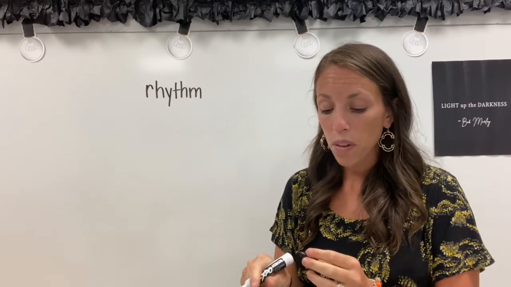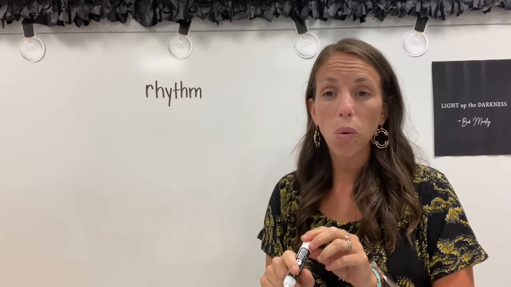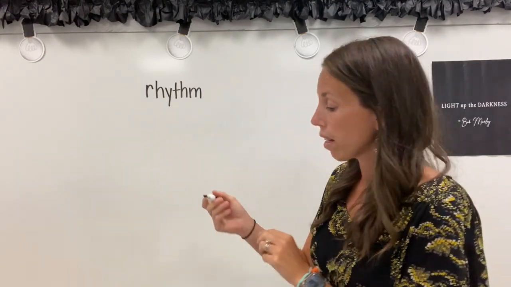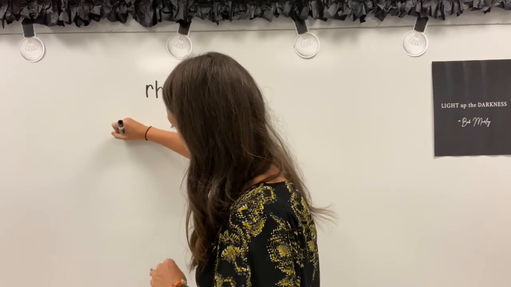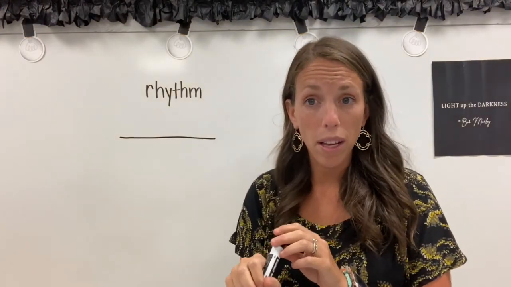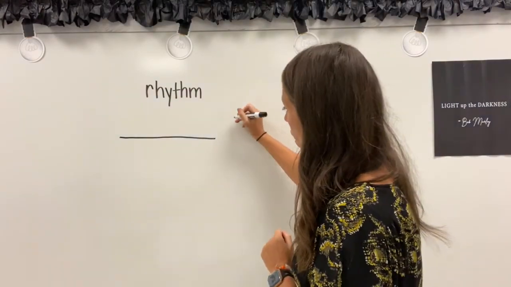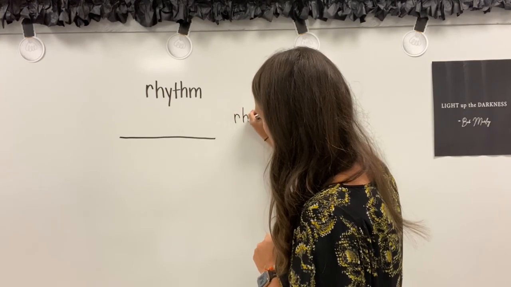Okay, so the first music symbol that we need to learn in order to write rhythm patterns is this. And yes, it looks like a line, but in music, it is called a rhythm line.